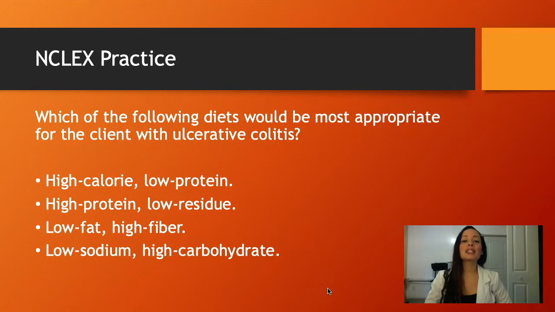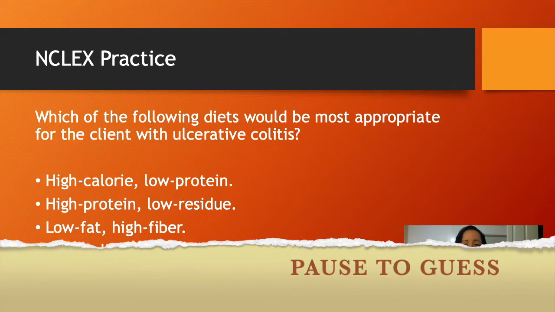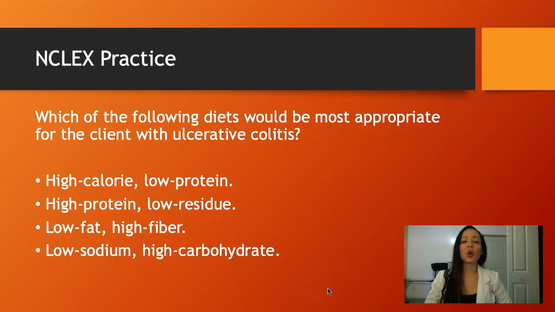Which of the following diets would be most appropriate for the client with UC? Are we going to give them a high calorie, low protein, low residue, low fat, high fiber, low sodium, high carbohydrate? Let's think a little bit, right? Their colon is inflamed, and they may be losing weight.